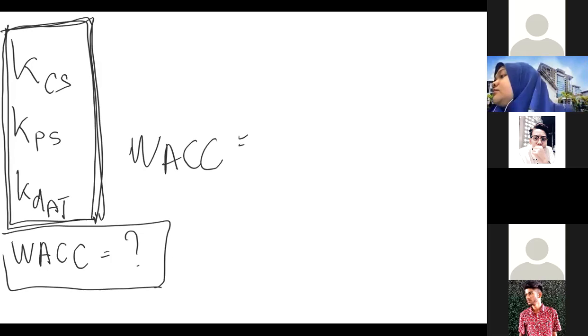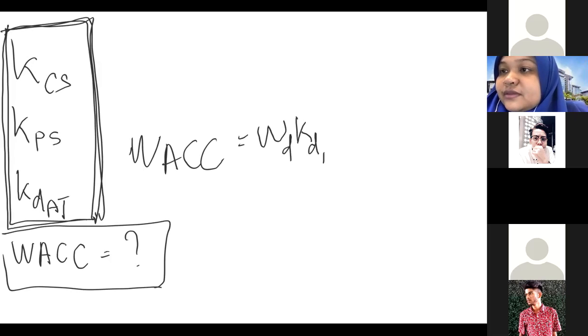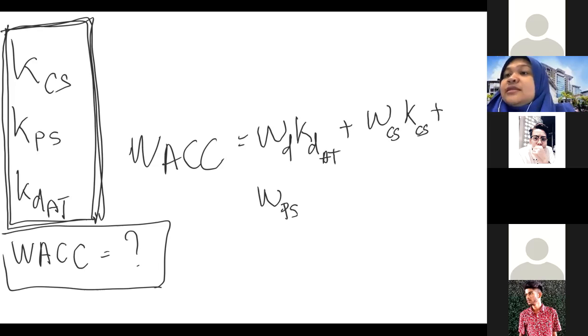is equal to weightage of debt times cost of debt after tax, plus weightage of common share times cost of common share, plus weightage of preferred share times cost of preferred share.